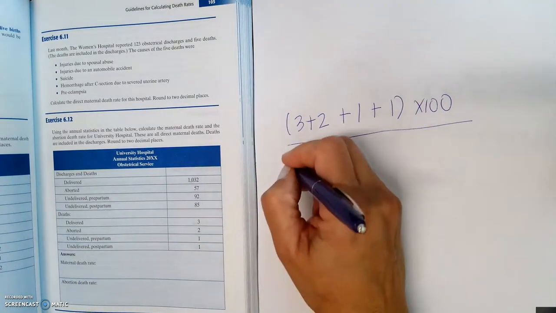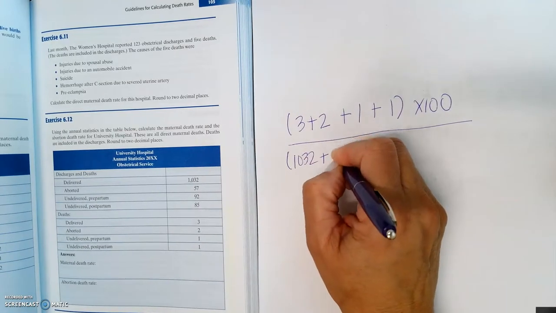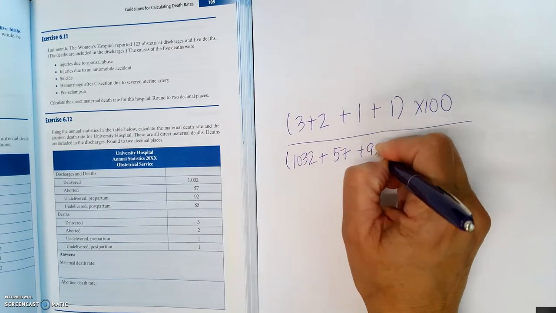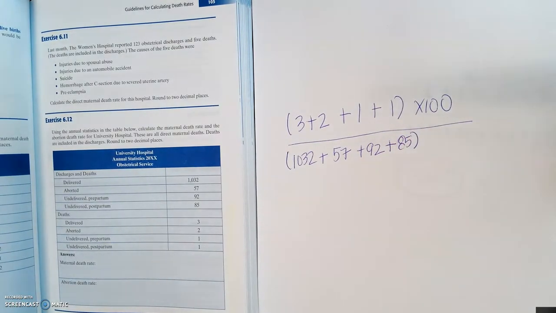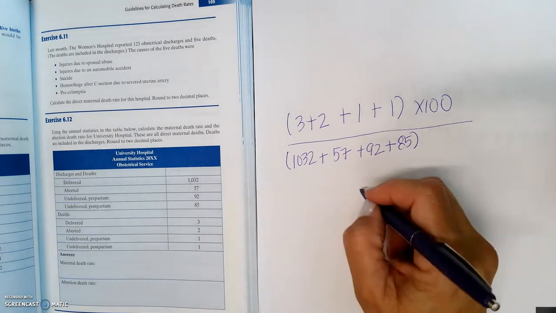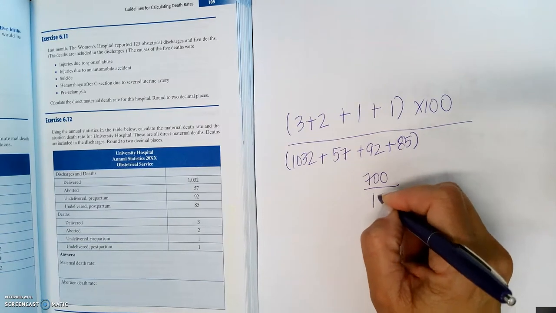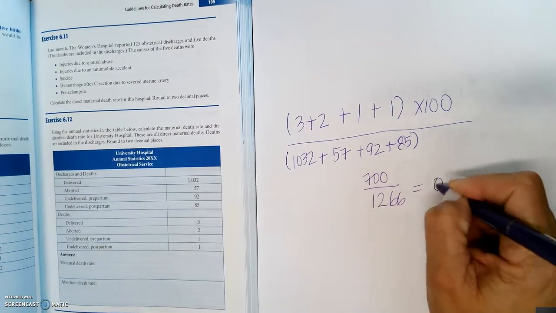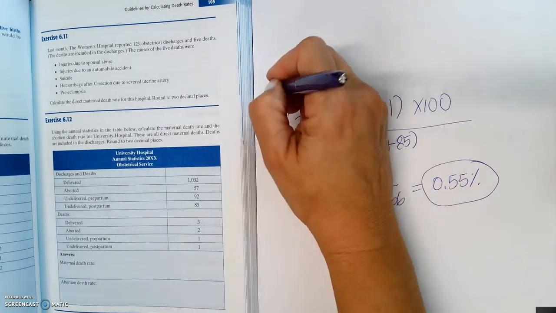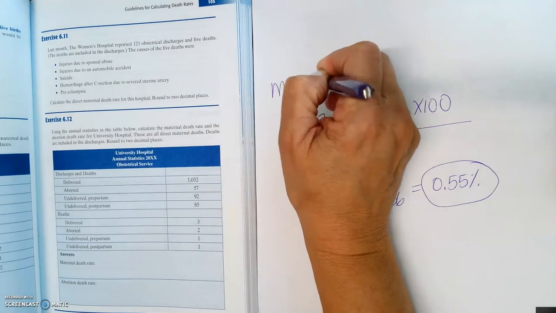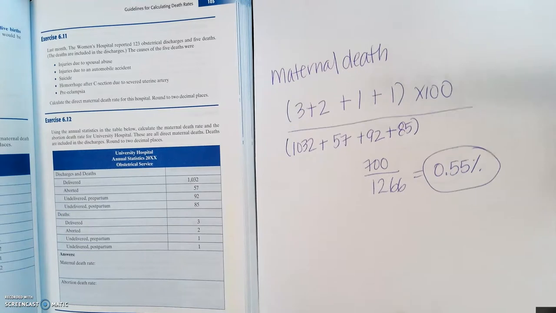So we're going to use the same categories. 1,032 delivered, plus 57 aborted, plus 92 pre, plus 85 post. Okay, so that's how we're setting that up. So hopefully you should have 700 over 1,266 for 0.55%. So that's maternal death rate.